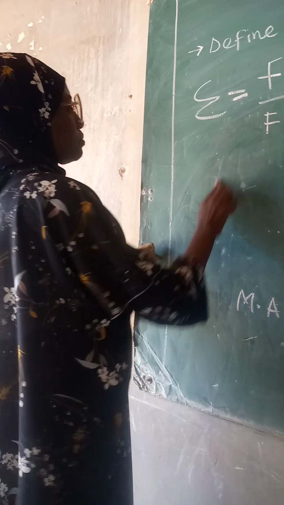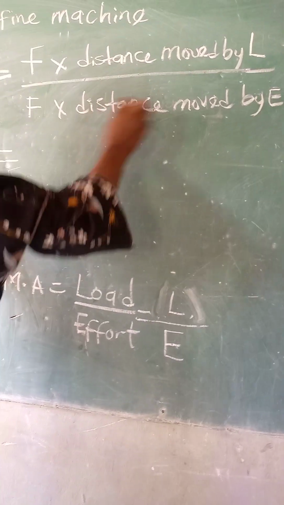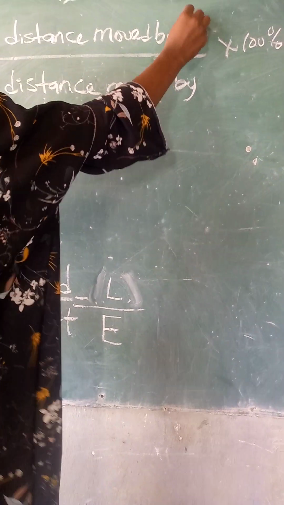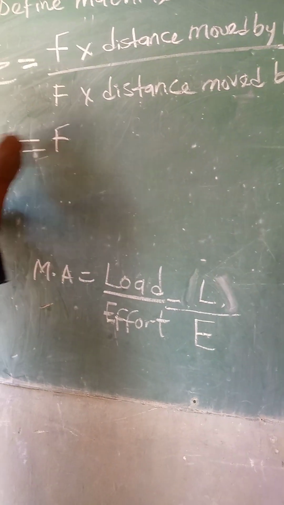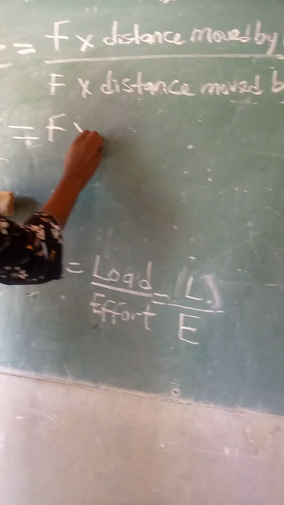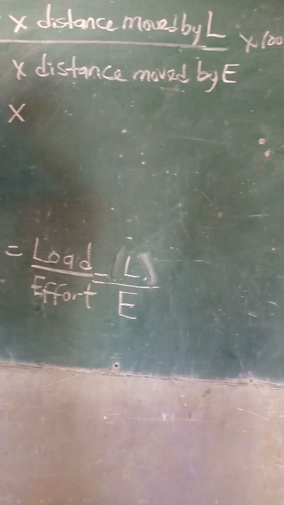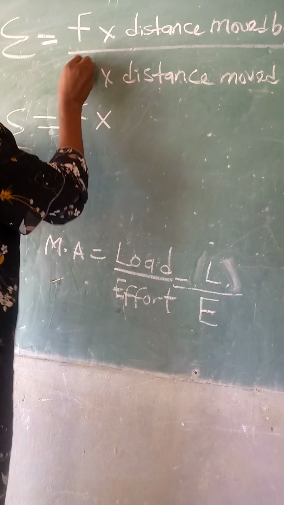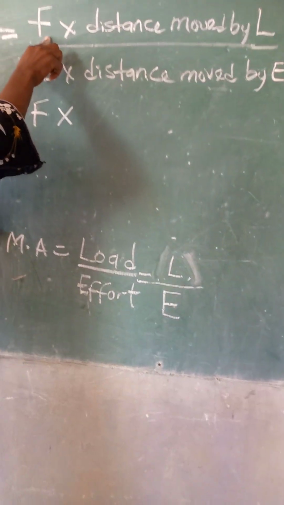Now we have this: distance moved by load. Sorry, it's a small letter. Load, effort, correct. Now, efficiency is equal to this times load, effort times distance moved by effort, load.